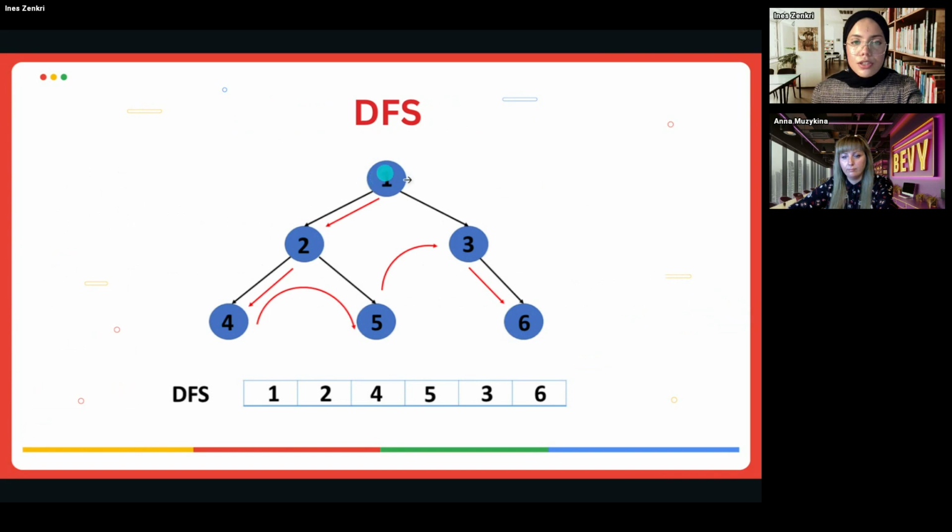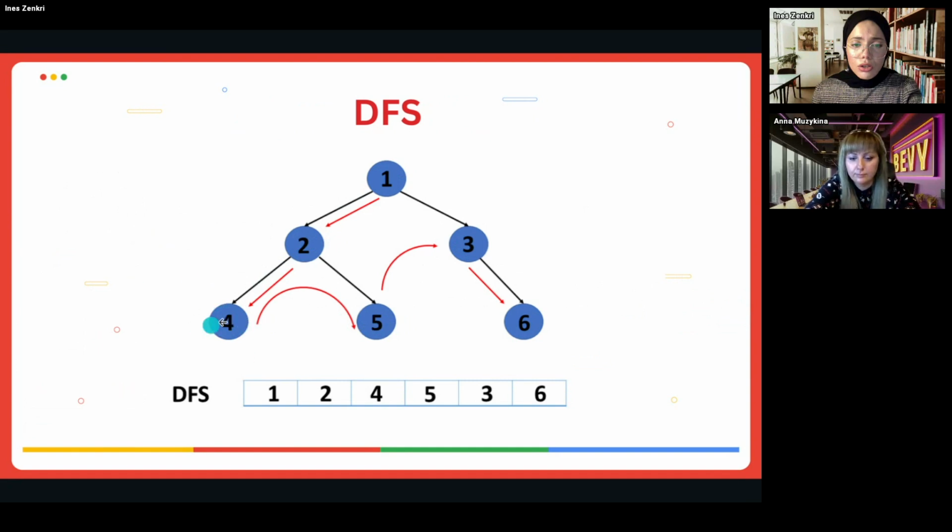So we start with node 1, we go to the second node, and since node 2 also has neighbors, we don't go to the next level, but instead we just explore the neighbors of 2. So we go to 4. 4 actually doesn't have any edge between it and 5 or any other node.